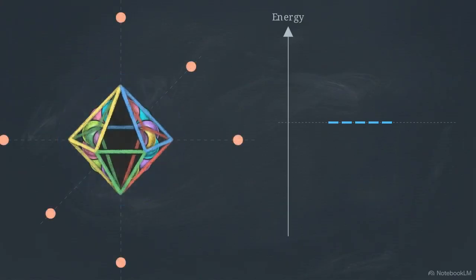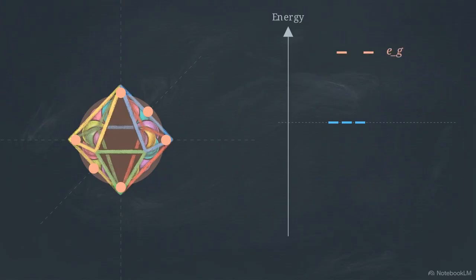In an octahedral geometry, 6 ligands approach the central metal from strictly 6 distinct points, tracking exactly along the x, y, and z Cartesian axes. 2 of the d orbitals, the EG set, have lobes that lie directly on these axes. As the ligands approach, these orbitals suffer a massive direct electrostatic collision, pushing their energy levels significantly higher.